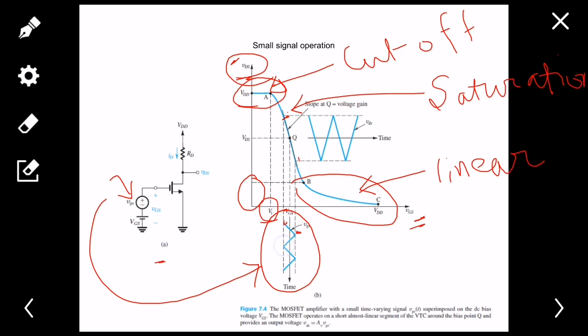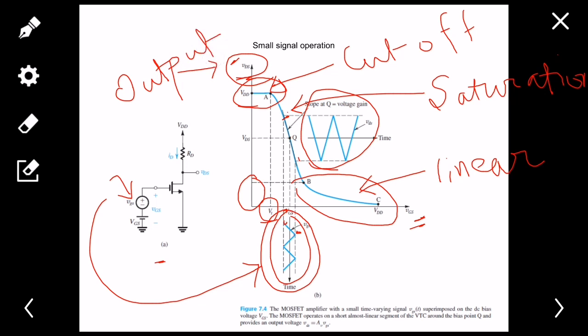And this negative again becomes this, right? So you can easily understand this curve will translate to this output, which is quite large compared to the input. So I can easily say that the input will be amplified at the output, considering VDS to be my output. So this was my output.